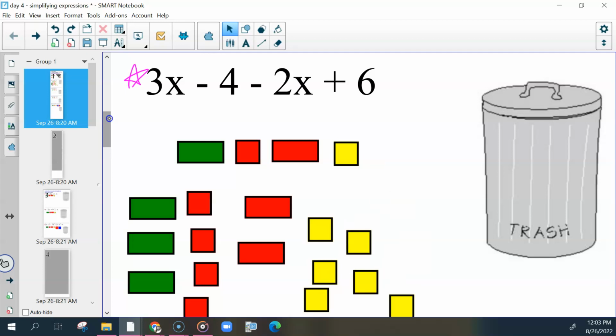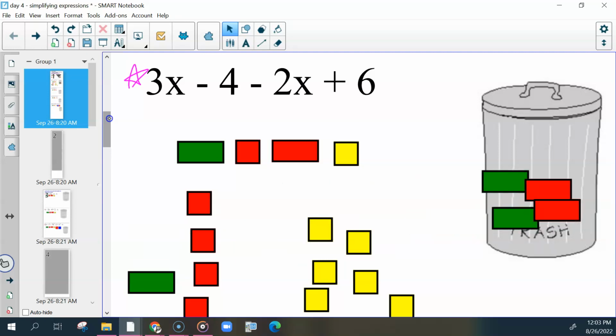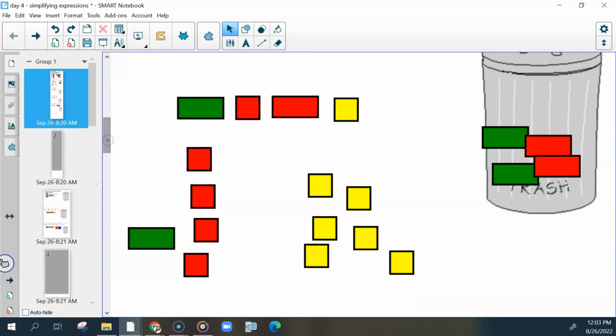Do we have 0 pairs here? Yes. How many 0 pair x's do we have? You can say this out loud. 2. So we have this pair and this pair. How many of the 1's 0 pairs do we have? 4.